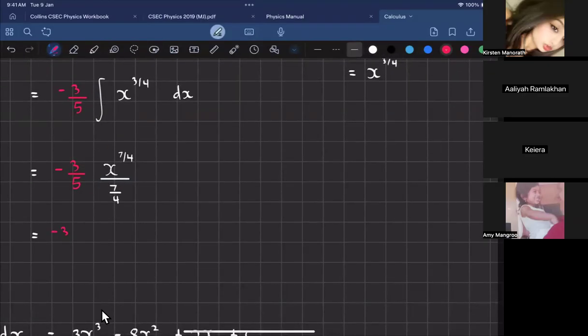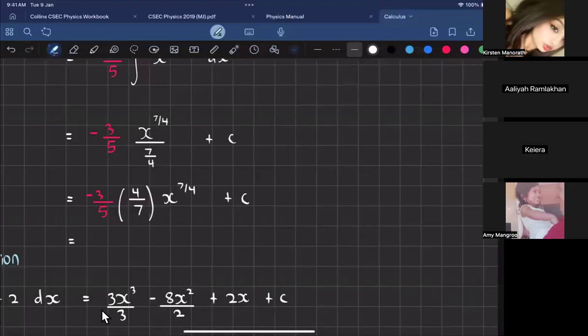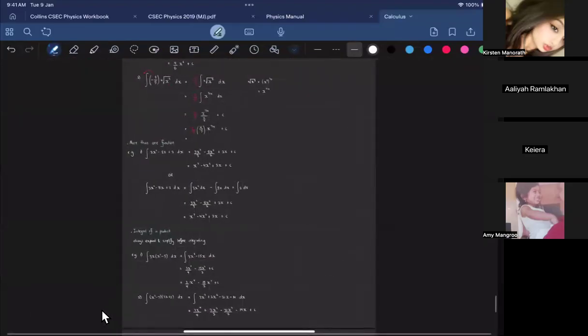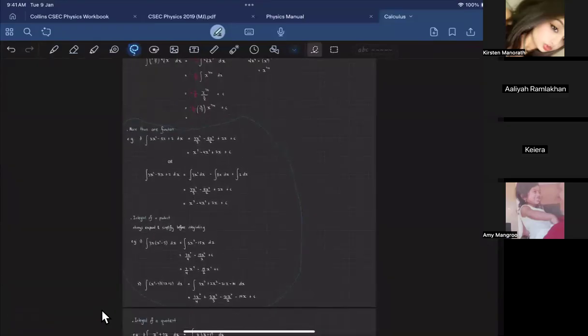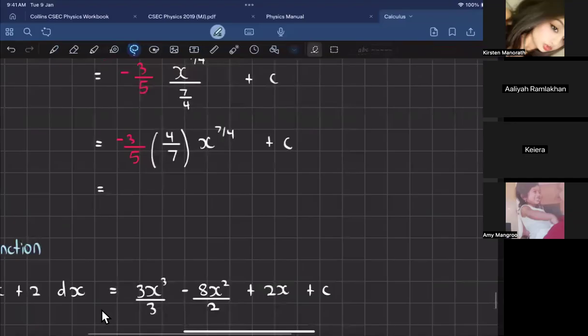Now dividing by 7/4 is the same thing as multiplying by 4/7. So you're going to end up with minus 3 by 4, which is minus 12 over 35.